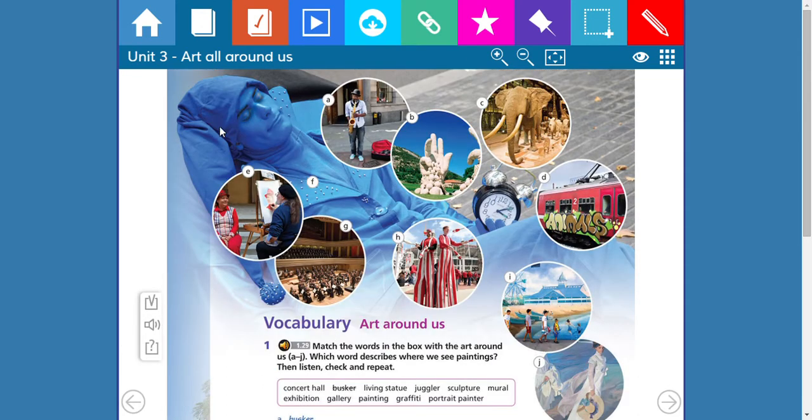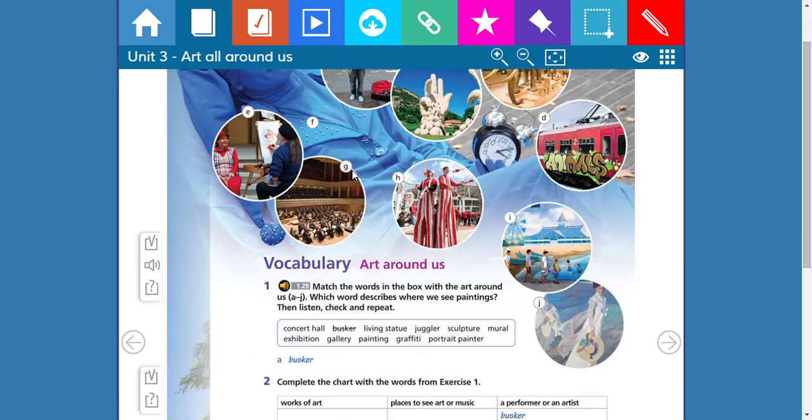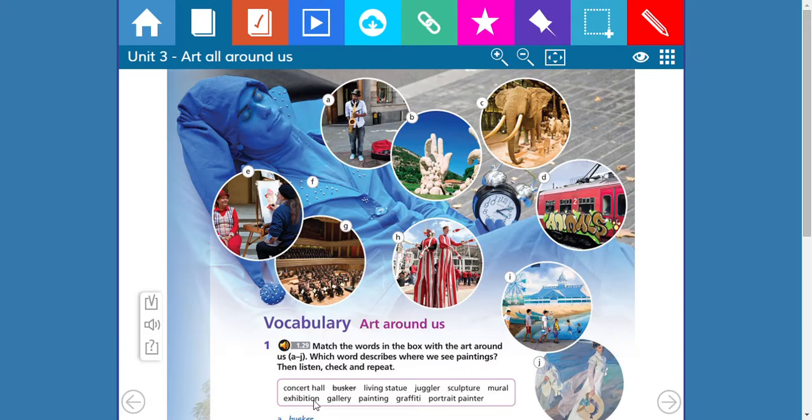Here is the picture, and you can identify concert hall. Busker. Okay, what is a busker? A busker is a person who expresses his or her art on the street. Sometimes you can say in Spanish artista callejero, but in English we say busker.